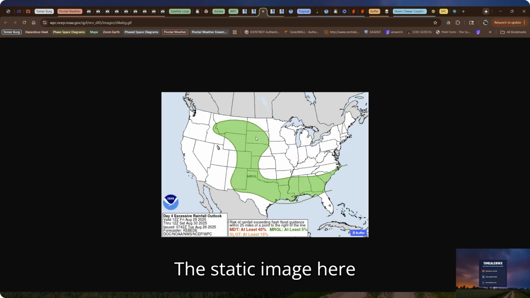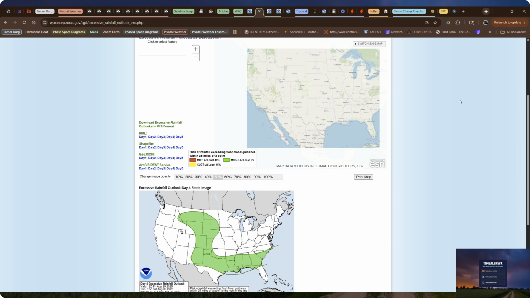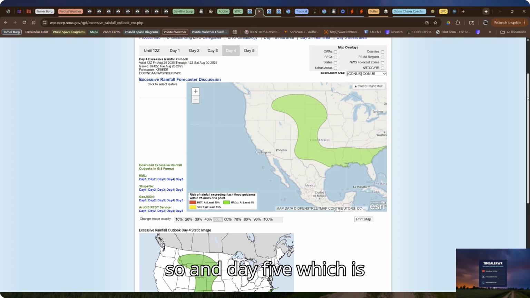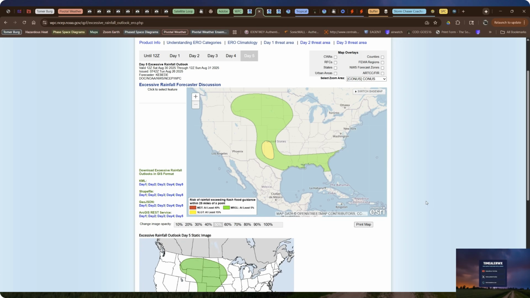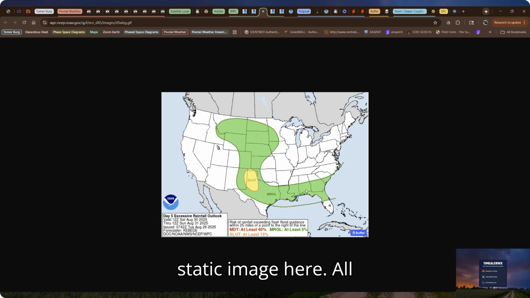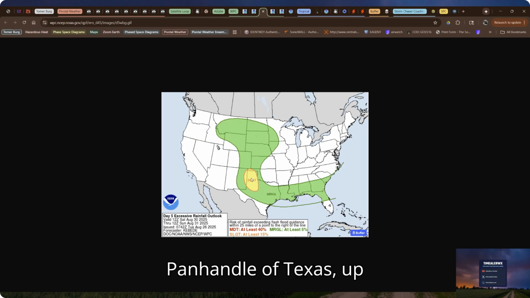The static image here, going back. And day five, which is Saturday through Sunday, static image here. All along the Gulf Coast, up into the Panhandle of Texas, up into the High Plains and the Midwest, and the Northern High Plains.